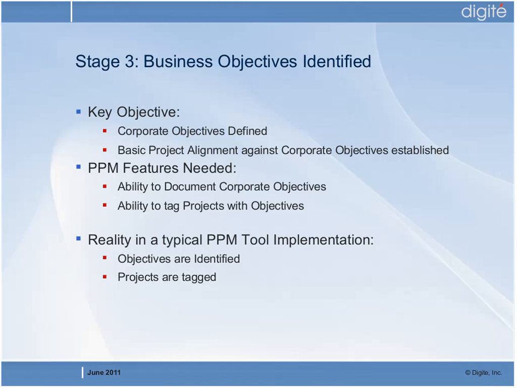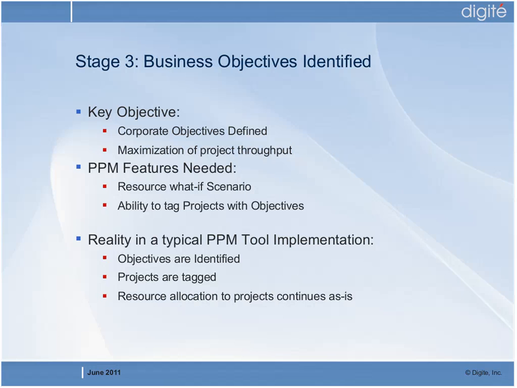So anytime you look at a project, you are easily able to see what objectives are associated with it, and what set of parameters within those objectives the project is supposed to satisfy. In reality, the objectives are identified and projects are tagged, but there is a lack of effort beyond that, and that is what we will focus on in the next two stages.